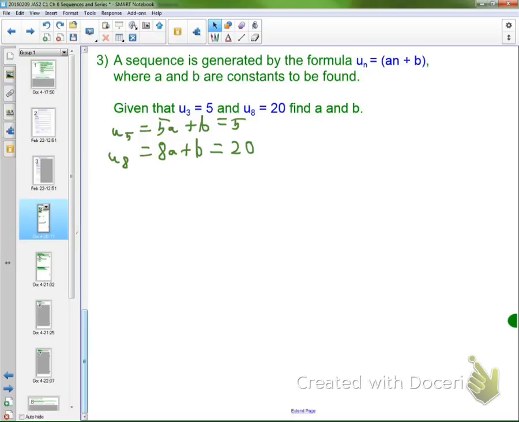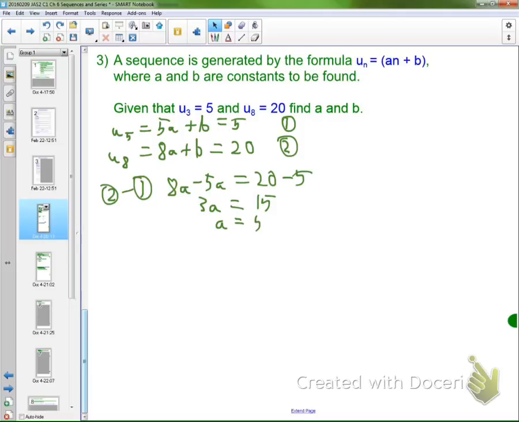If we call this one equation 1 and this equation 2, and we do 2 subtract 1, then we get 8a minus 5a, the b's will cancel, and we get 20 subtract 5. So then 3a is equal to 15, so a equals 5. We can then substitute this into one of our equations, and we can find the value for b.